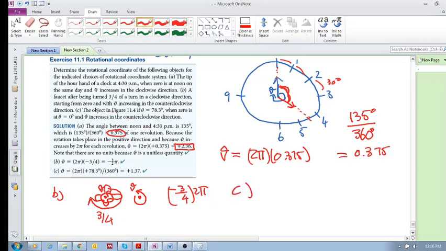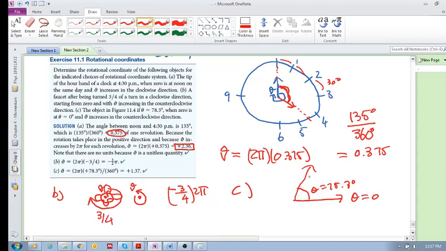Okay. Now what about C? C says the object in figure 11.4, if theta equals 78.3 degrees, when 0 is at theta equals 0 degrees. So if I'm not mistaken, it looks something like this. There's your theta equals 0, and then it goes to there, and that is your theta, 78.3 degrees.